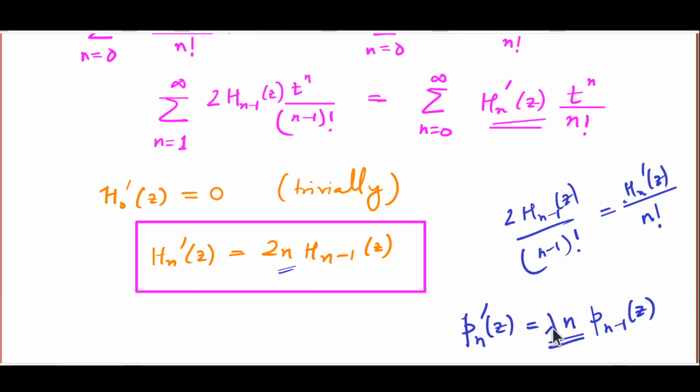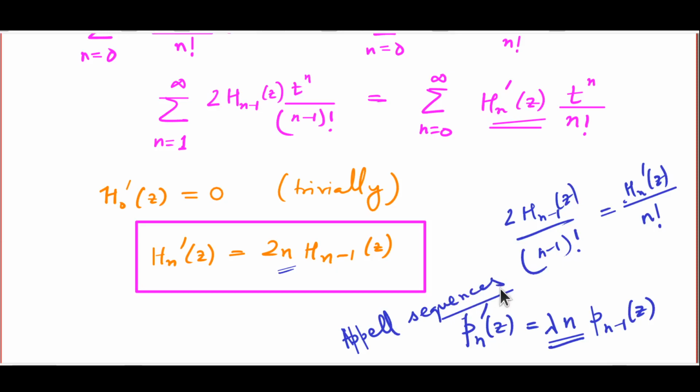Lambda has been used too often in this lecture, but this lambda here just stands for any number, in this case just 2. Now, a sequence of polynomials which behave this way, so that the next order polynomial's derivative, which of course is a lower order polynomial, is simply proportional to the polynomial of the previous order times n, are called Appel sequences.